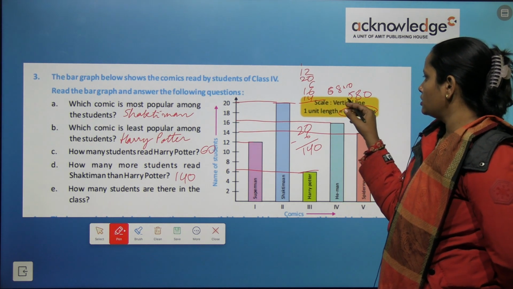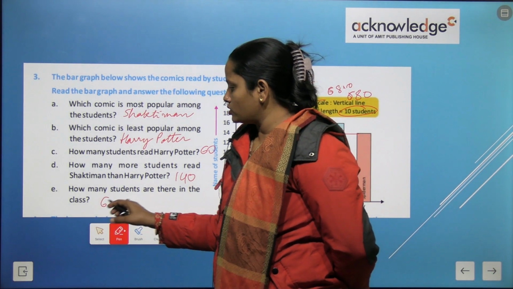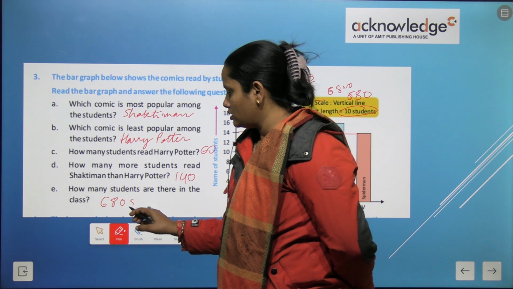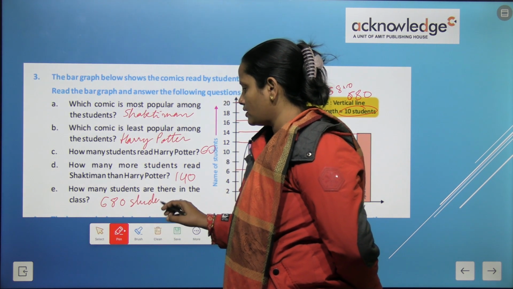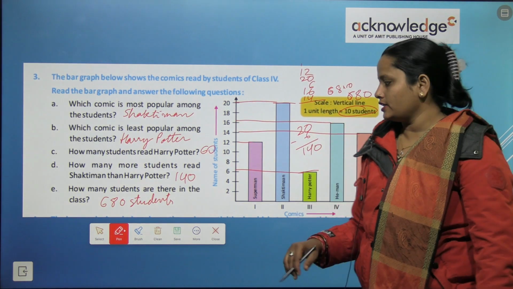Sorry children, it's 680. So there are total 680 students. I hope this is clear to you.